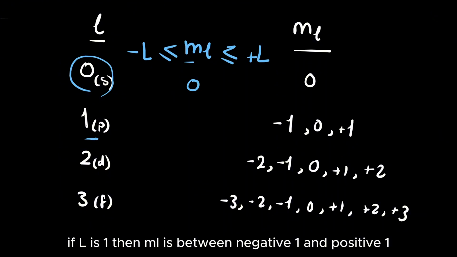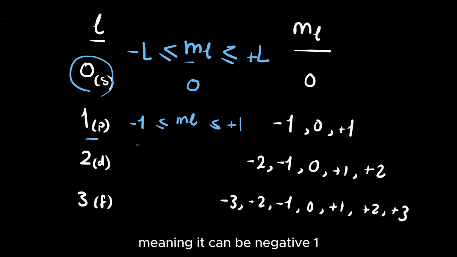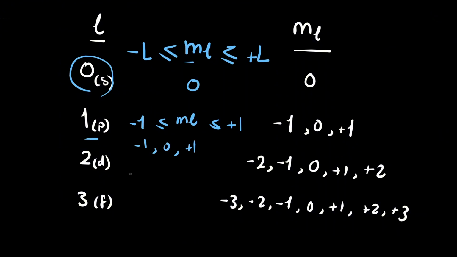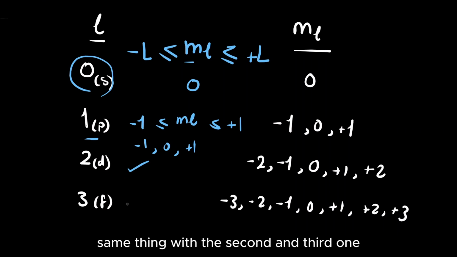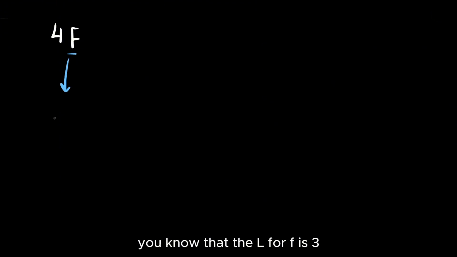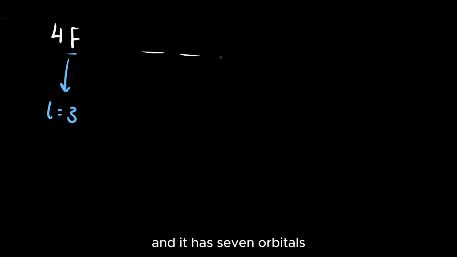And we can conclude something from that, which is that ML is between -L and +L. So let's say if L is 0, then ML can only be 0. If L is 1, then ML is between -1 and +1, meaning it can be -1, 0, or +1. Same thing with the second and third one. Let's also see this one, which is for F. You note that the L for F is 3, and it has 7 orbitals.